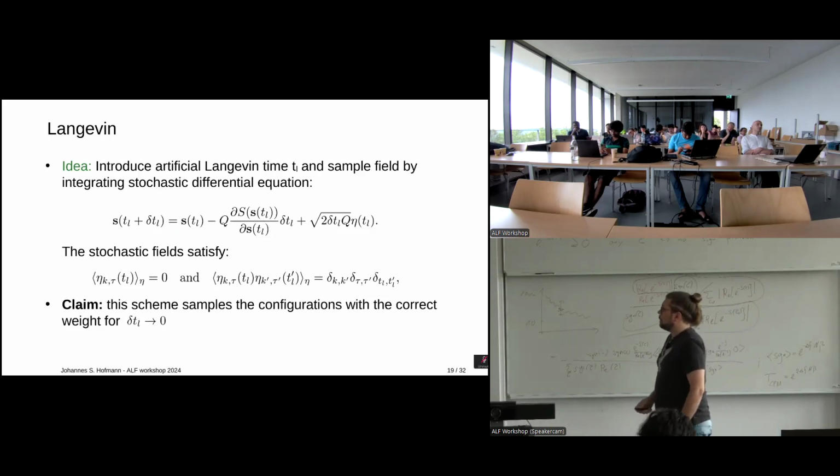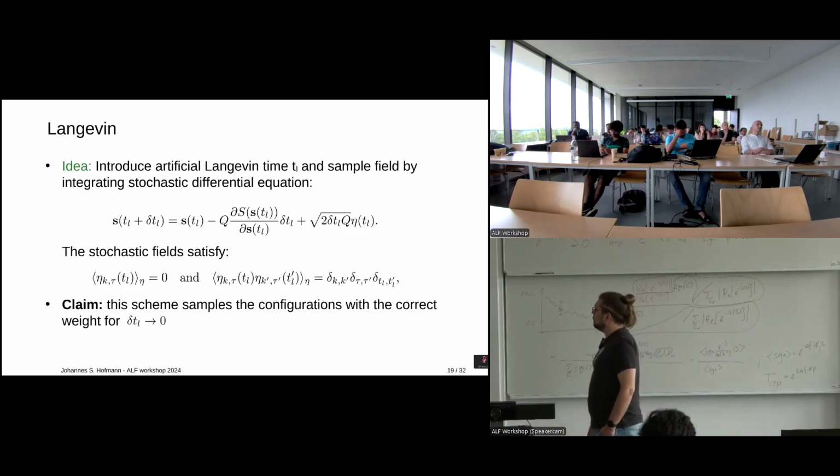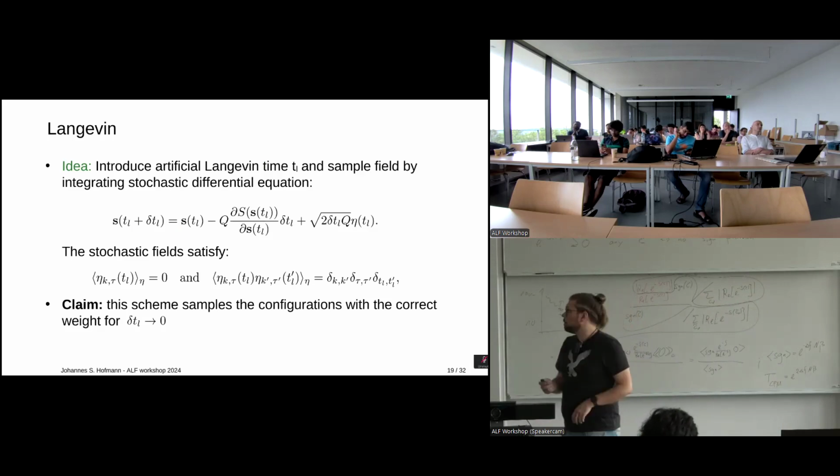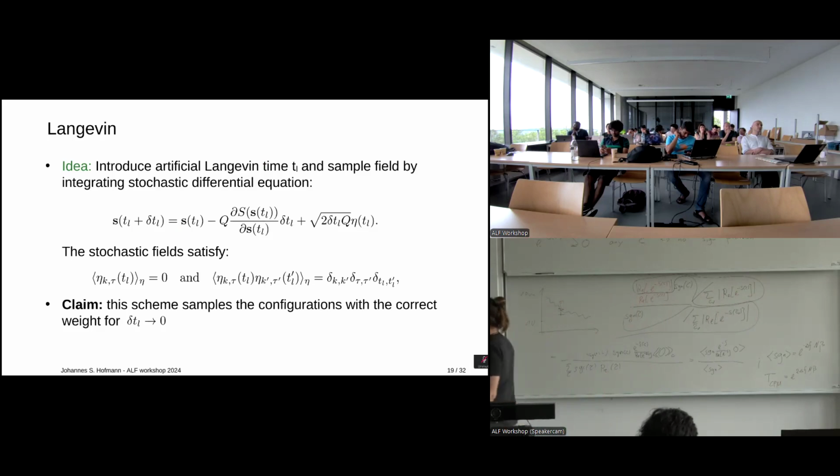For Langevin, the idea is that you introduce an artificial time, the Langevin time. You take the field configuration at a given starting point, and you integrate a differential equation in this artificial timescale, where you have to know the forces.